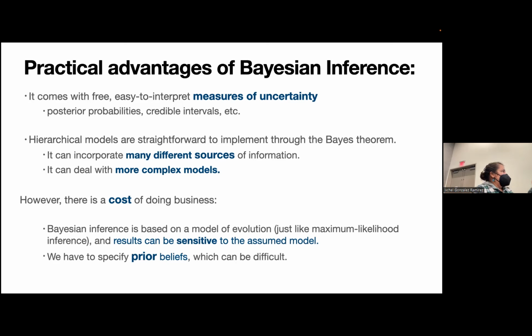And the other cost of using Bayesian inference is that we need to specify a prior. Now, I don't know if this is something that you have heard before, but sometimes people think that priors are bad because they're going to bias our results, which may be true. But the reality is that we don't live in a world where we don't know anything.